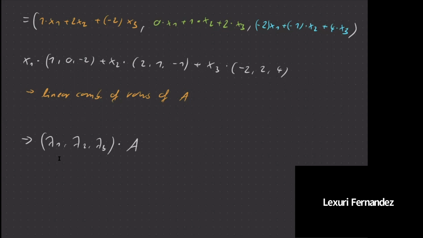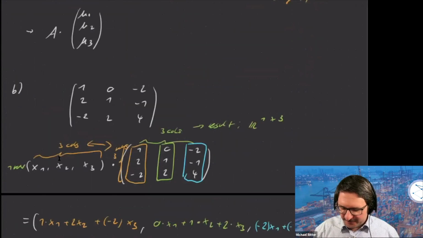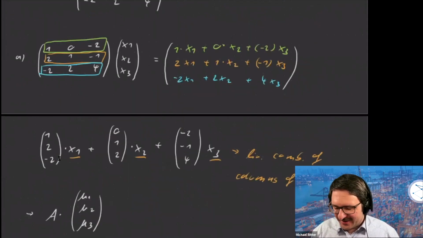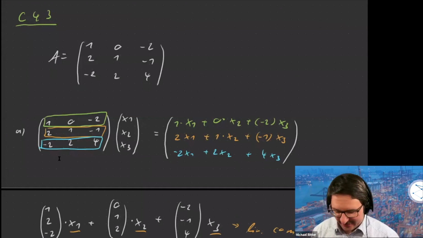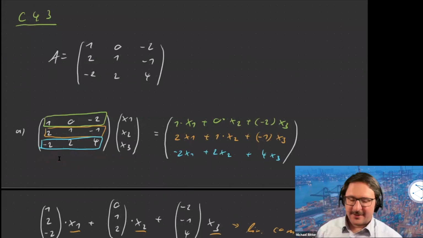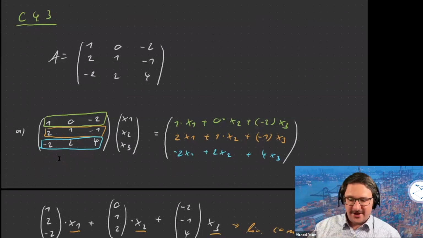There is another question related to this exercise: why does the row x1, x2, x3 have to be on the left of the matrix? Well, it doesn't. It depends on how you look at that. If you want to multiply a vector on the right of the matrix, like we did here, then for matrix multiplication you must make sure that the middle dimensions agree.